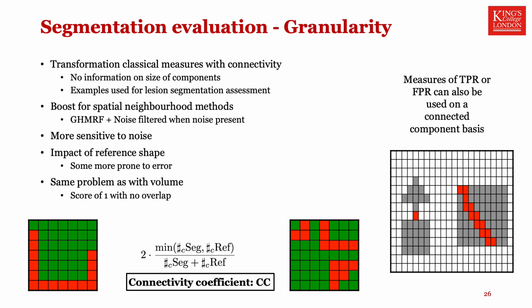So for instance, on the one on the left-hand side, you have a connectivity coefficient of 1, because you have one component in the segmentation, you have one component in the reference, so the minimum of both is still 1, and you divide by the sum of them, which is 2, multiplying by 2, so it's still 1. On the right-hand side, you have 1 component in the reference, you have 3 in the segmentation, the minimum of them is 1, and the sum of the 2 is 4. So you end up with a connectivity coefficient of 0.5.